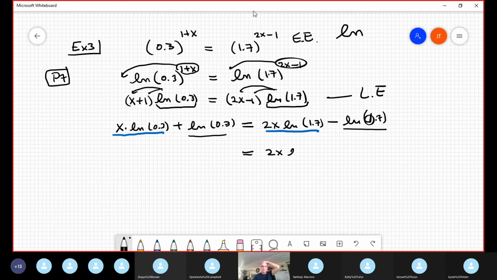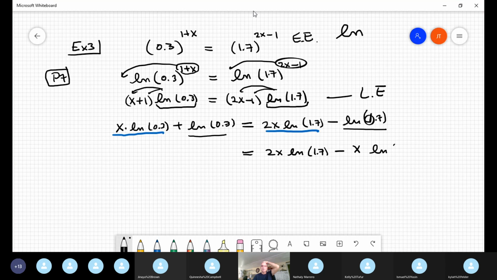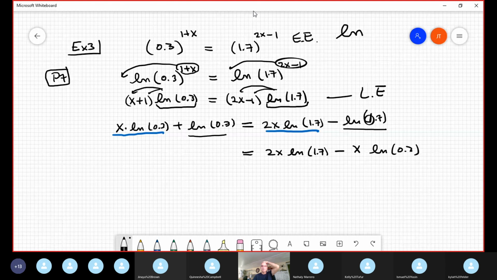I decide that 2x stays here minus x ln of 0.3. And ln 0.3 stays here plus, because it's minus, ln 1.7.